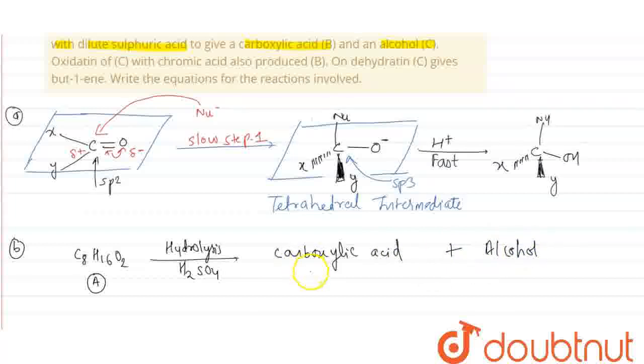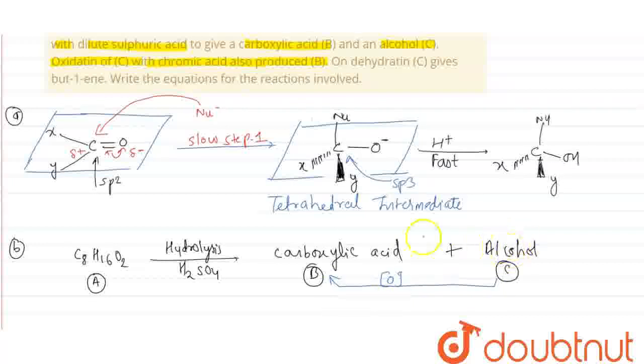This carboxylic acid is termed as compound B and the alcohol is termed as compound C. Okay. Now, what further information is given? Oxidation of C with chromic acid also produces B. Okay, means if we oxidize C, we will get B.